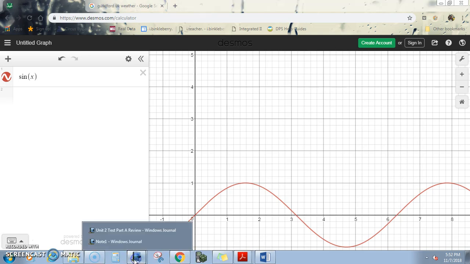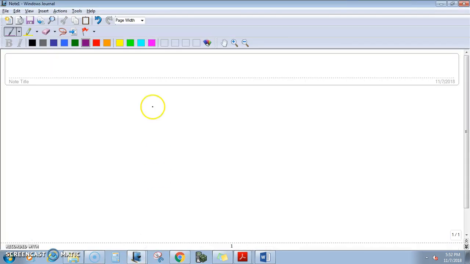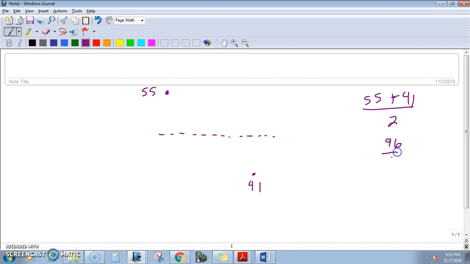So if we look at here, we want to have the top part be at 55, the lowest part be at 41, and so halfway between those two numbers, which you can do by finding the average, right? So 55 plus 41 divided by 2 is 96, divided by 2 is 48.